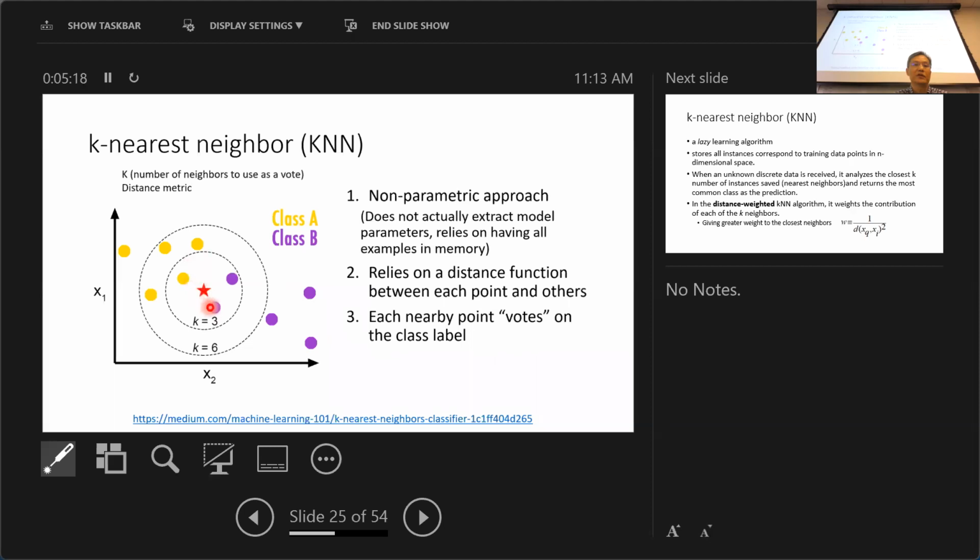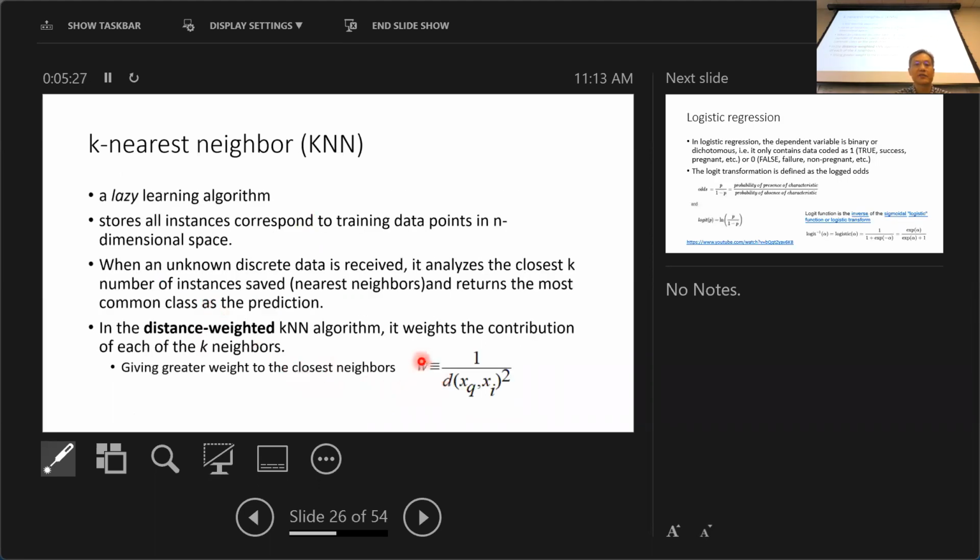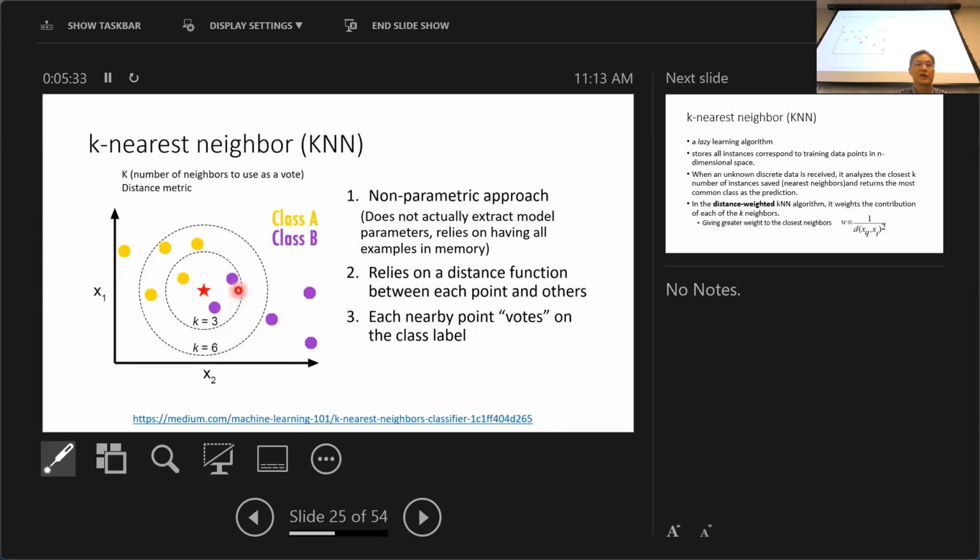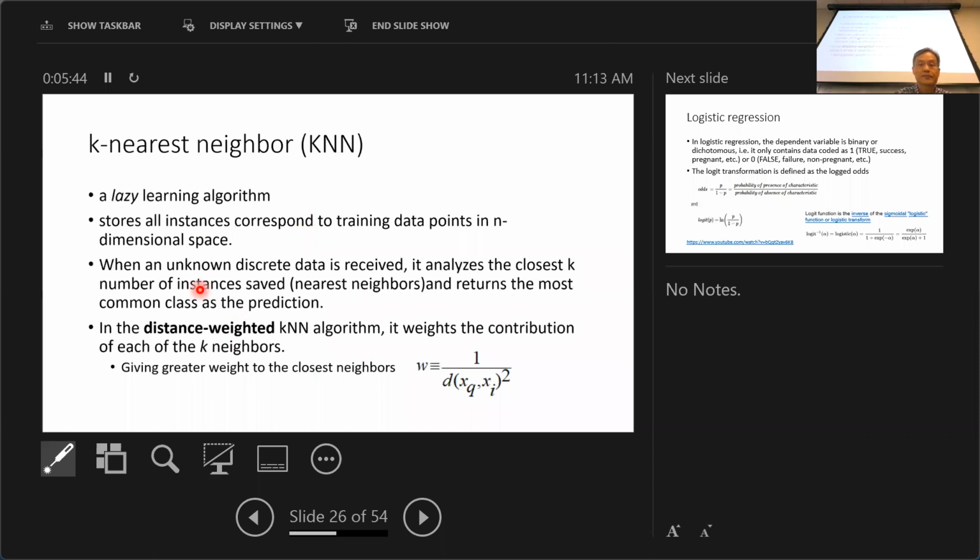And if it's close enough, you have a cutoff, and it gets a very high weight. So you can define this weight to favor the close neighbors. So you weight your distance.